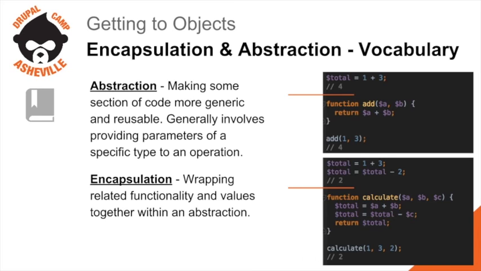So no longer do we just have one simple math business problem happening at one point in the application, but we've encapsulated it into a function that's reusable. So the difference here, I suppose, is that this encapsulation is wrapping multiple things together that are related, and the abstraction is just making something more generic. Any questions here? Because we're about to move to objects, okay?